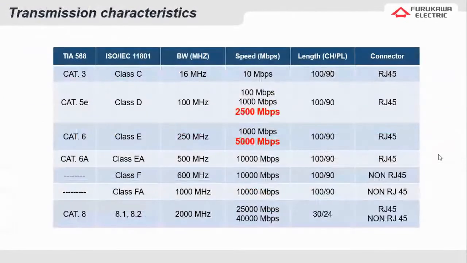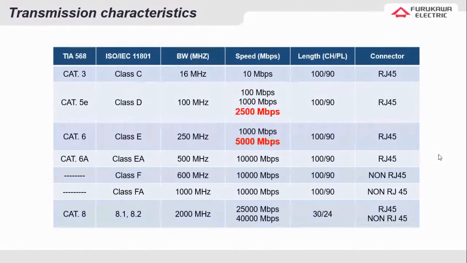So the question is, how do we choose the cabling system that best suits our needs? And like we've been saying, of course, we do it based on the applications we need to run. So this is a table summarizing the most significant features of each category available in copper cables.